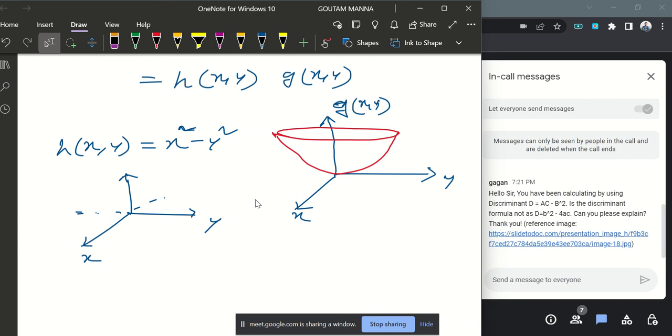So it's x and y against h of xy. If you test it for the saddle point, you will also get that (0, 0) is a saddle point for this h of xy.